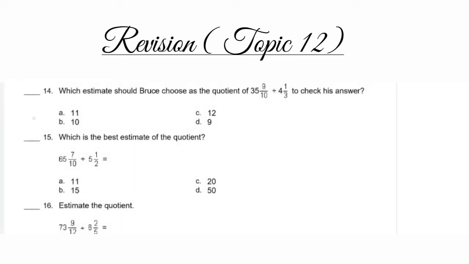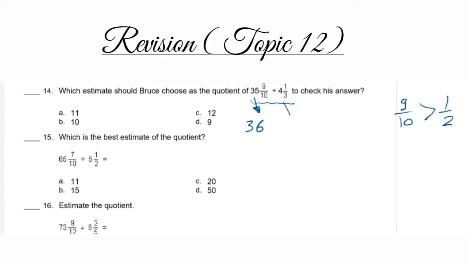In question number 14, which estimate should Bruce choose as the quotient of 35 and 9/10 divided by 4 and 1/3 to check his answer? Round the first number. Since 9/10 is greater than 1/2, 35 and 9/10 is rounded to be 36.